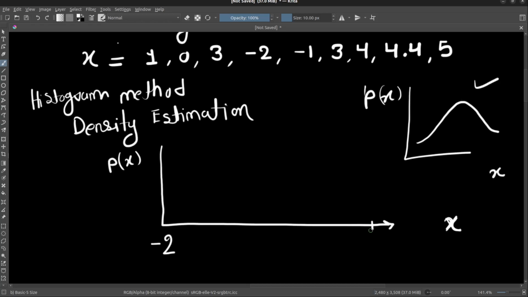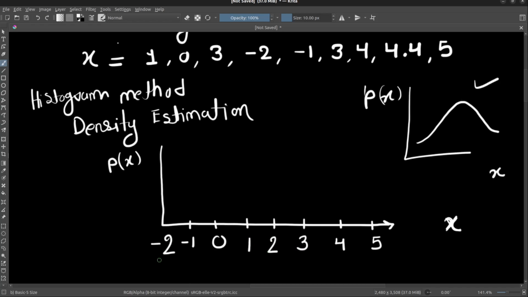So this will be 5. Let's say this will be -1, this is 0, this is 1, 2, 3, 4 and 5.